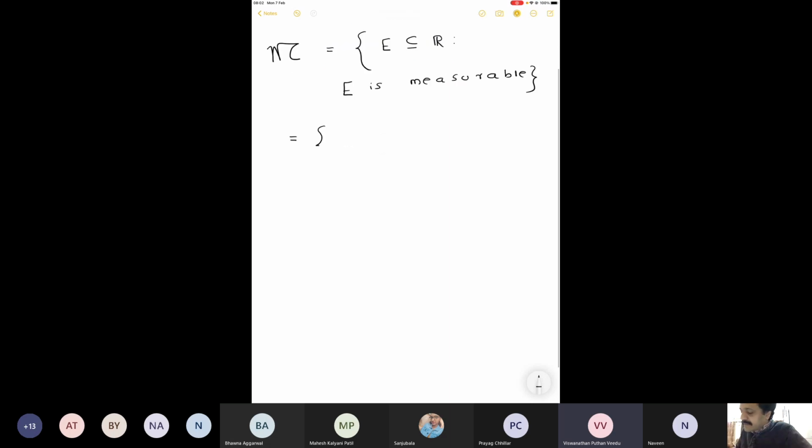Let me remind you what measurability is. That is the collection of all those subsets E of R such that for every test set A, you will have the measure of the test set equal to the measure of the part of the set in E plus the part of the set in E complement.